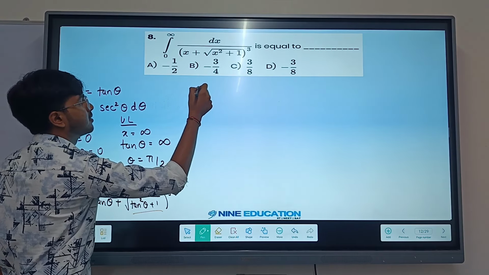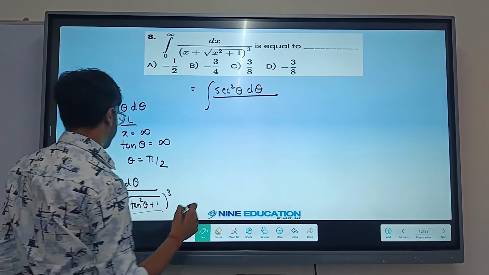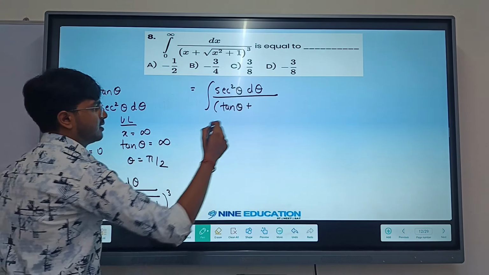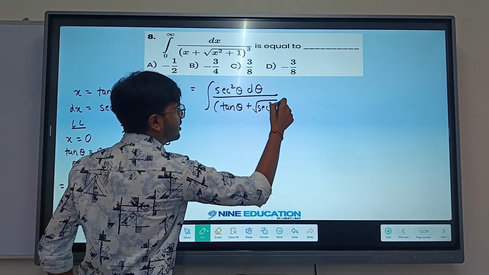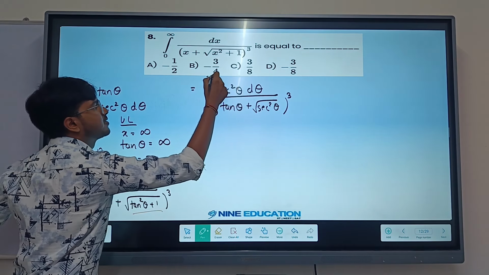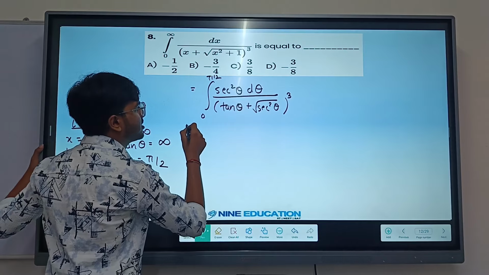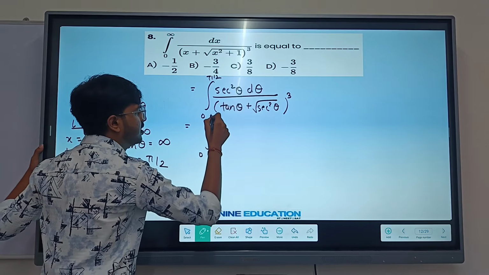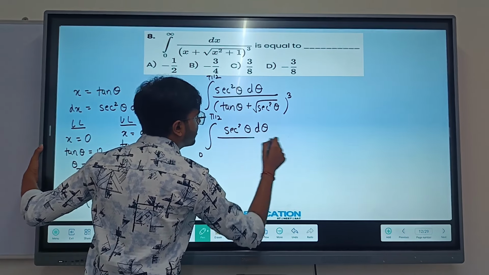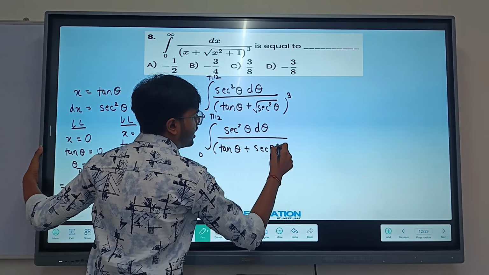So it will be equal to the integration of secant square theta d theta divided by tan theta plus, this will be under root secant square theta, whole cube. Now we are dealing with limits from 0 to pi by 2, that is the first quadrant. In the first quadrant, tan and secant both are positive, so I can open this root as positive. So 0 to pi by 2 secant square theta d theta divided by tan theta plus secant theta, whole cube.